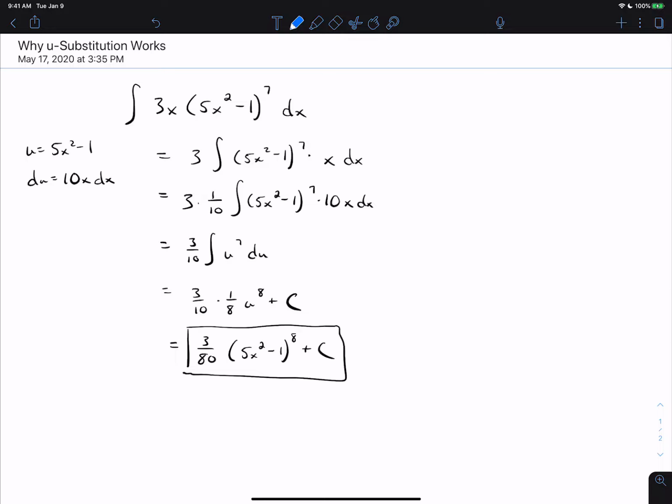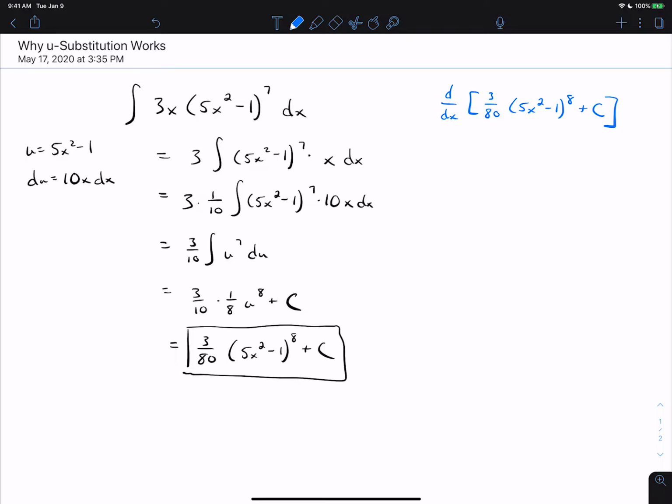So if I have the derivative of 3 over 80 times 5x squared minus 1 to the 8th plus c. The d dx symbol, in case we forget, means take the derivative of what's in the brackets with respect to x. If we take the derivative of that with respect to x, we bring the 8 down.